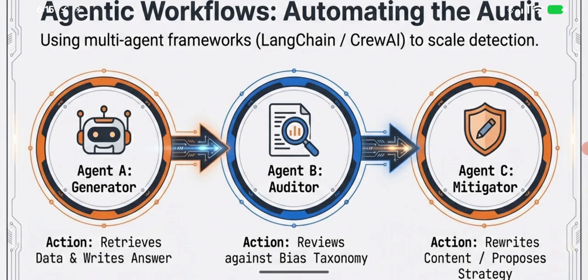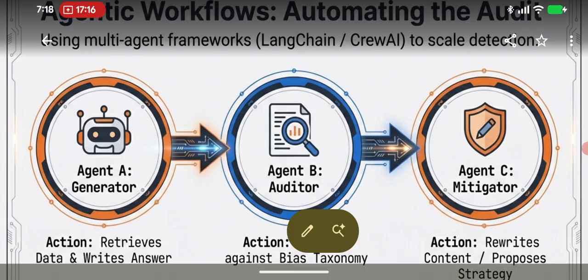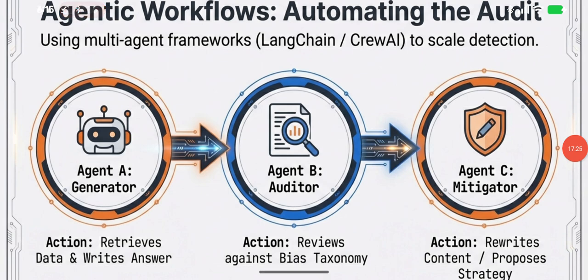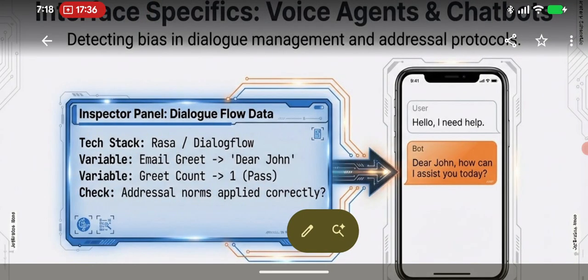Then agent B reviews all the bias in the generated output, and then the next agent writes content, proposes a strategy which mitigates the boundary conditions and evaluates the processed data. So in these three stages, the audit automation can be achieved.